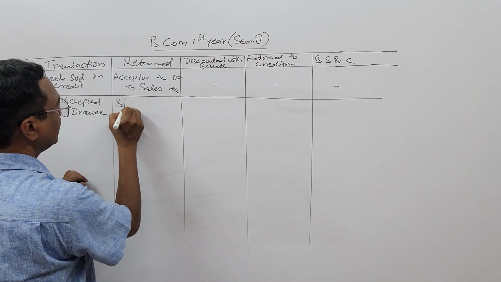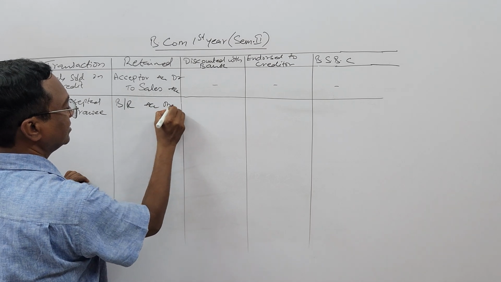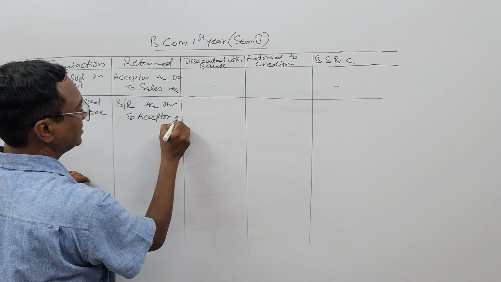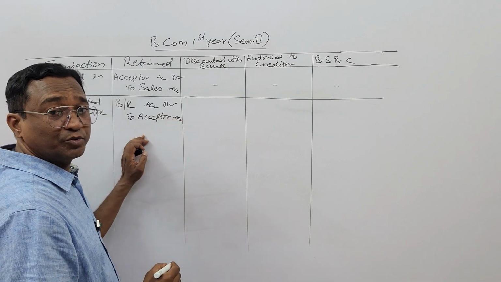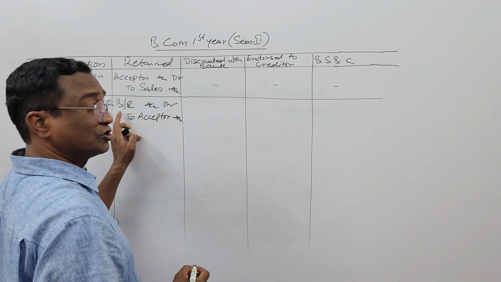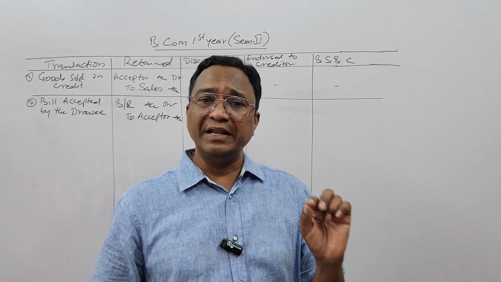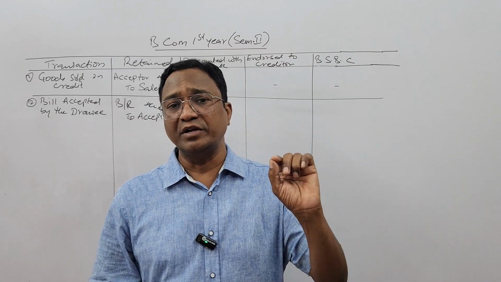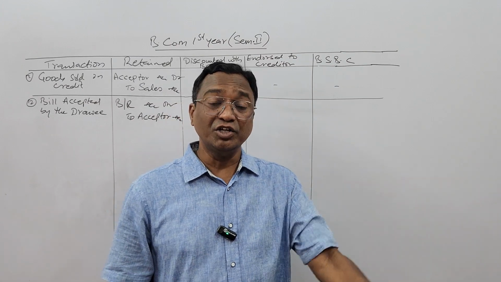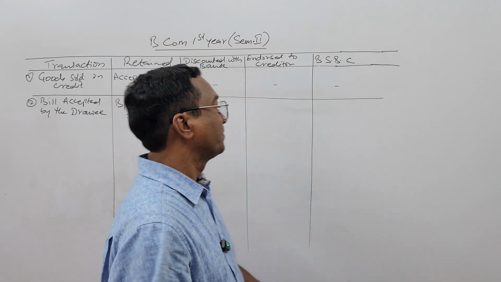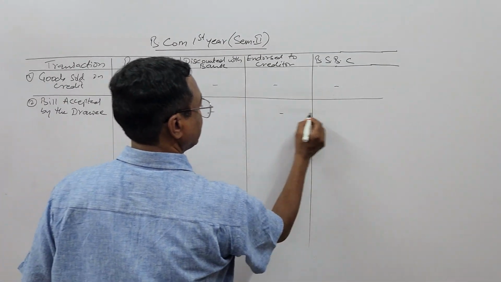So bills receivable account debit, to acceptor account, because you are receiving from the acceptor, right? So the acceptor is to be credited. So bills receivable. Why do we call it bills receivable? Since the trader has to receive the bill amount from the customer, we call it bills receivable. But according to the customer, it is called bills payable, right? Now, no entry in this case.